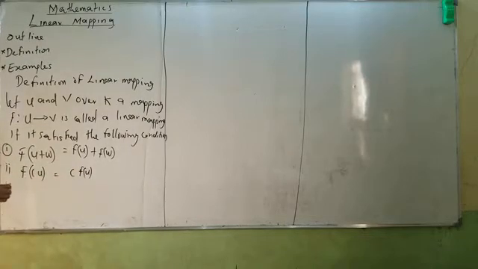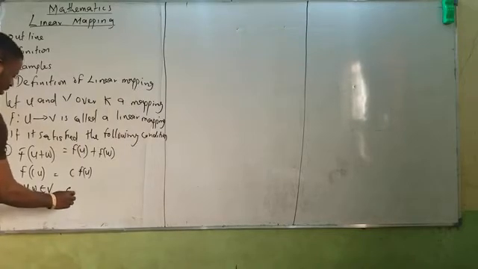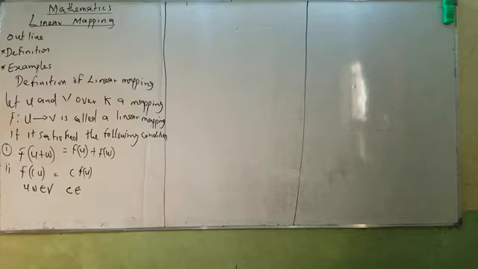And 3, which is not very necessary, is a combination of the two. Don't forget, before I talk about the 3, let me declare that u, w are vectors, and c belongs to scalar, which is a field.